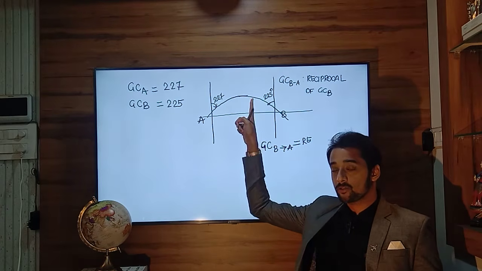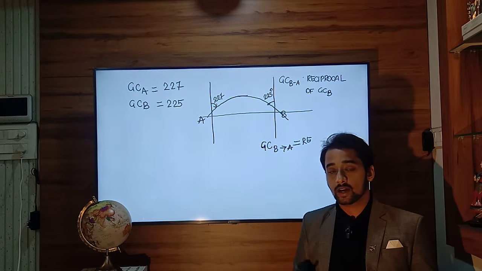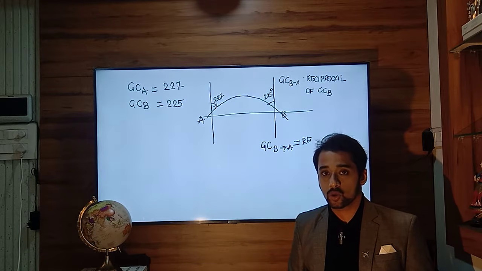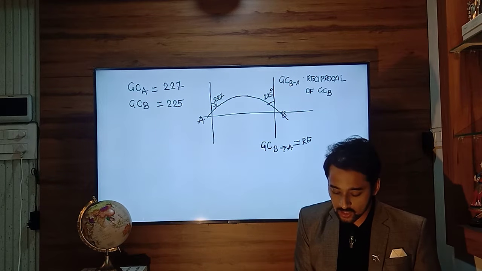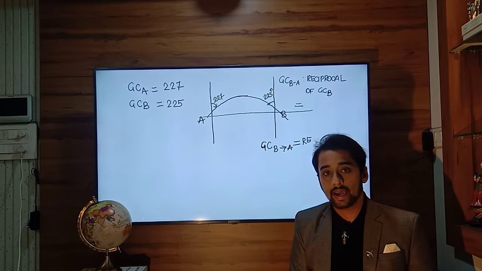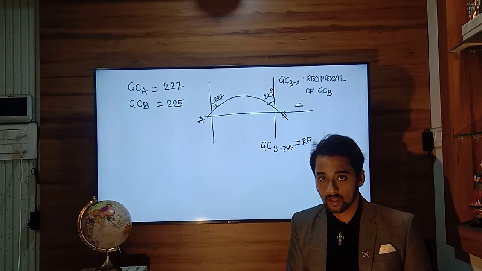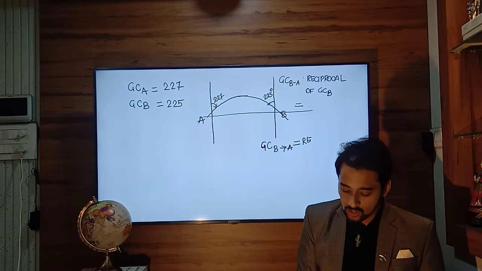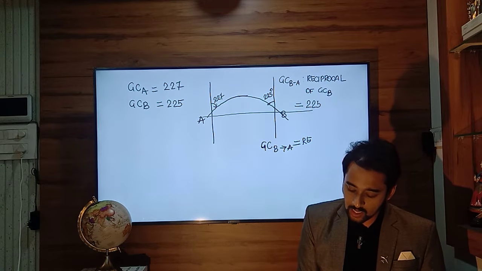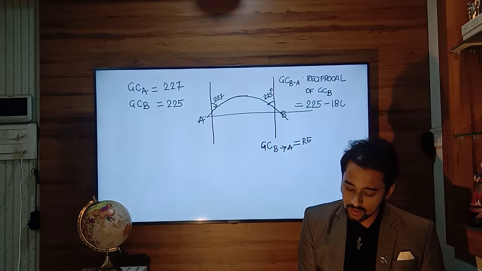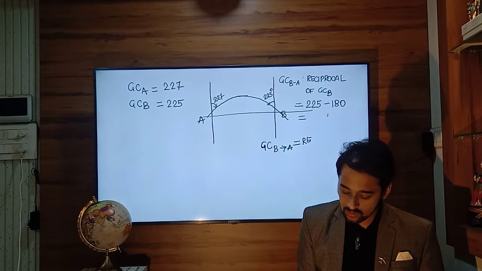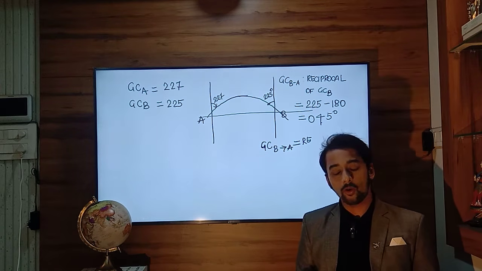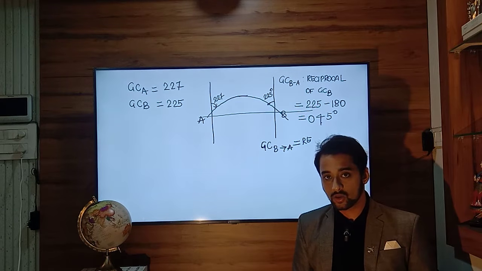Now going back from B to A, it will be the opposite of 225. For any value more than 180, we subtract 180 to get the reciprocal. So 225 minus 180 is 045 degrees. To go back, it is 045 degrees.